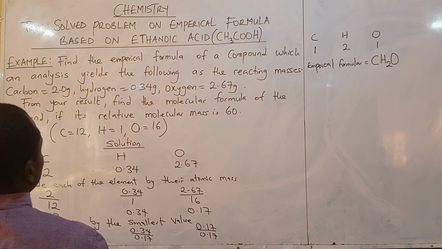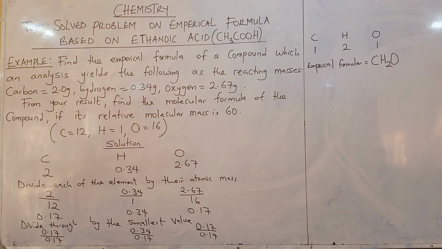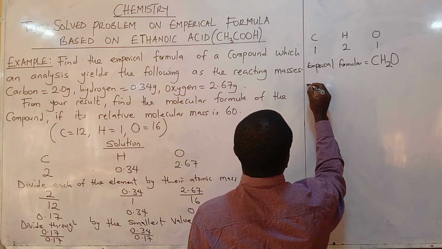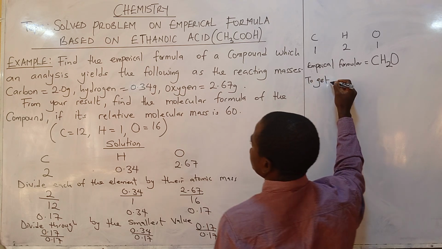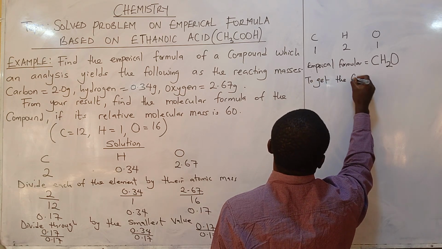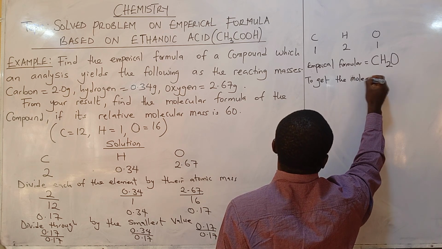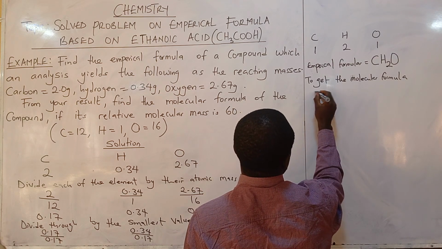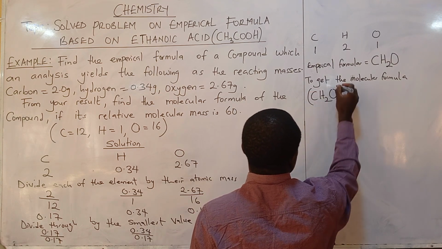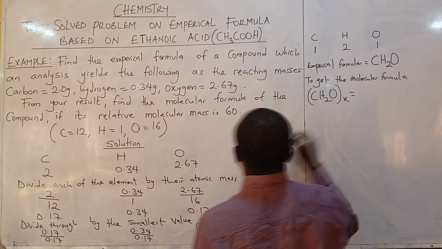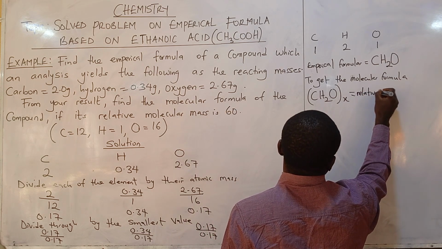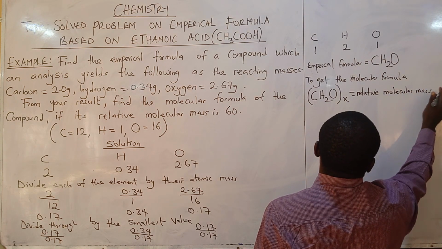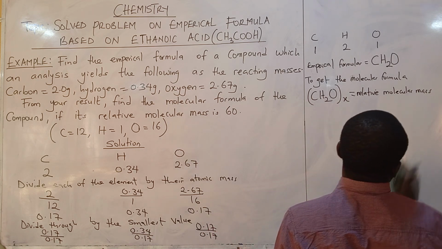Now you are told that from your result, find the molecular formula of the compound if its relative molecular mass is 60. Okay, now to get the molecular formula, you have CH2O, put in bracket X equals the relative molecular mass.